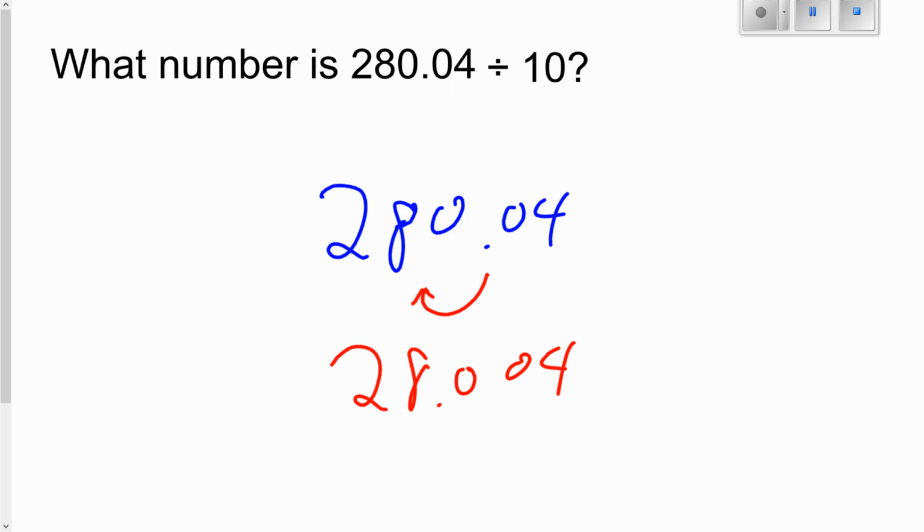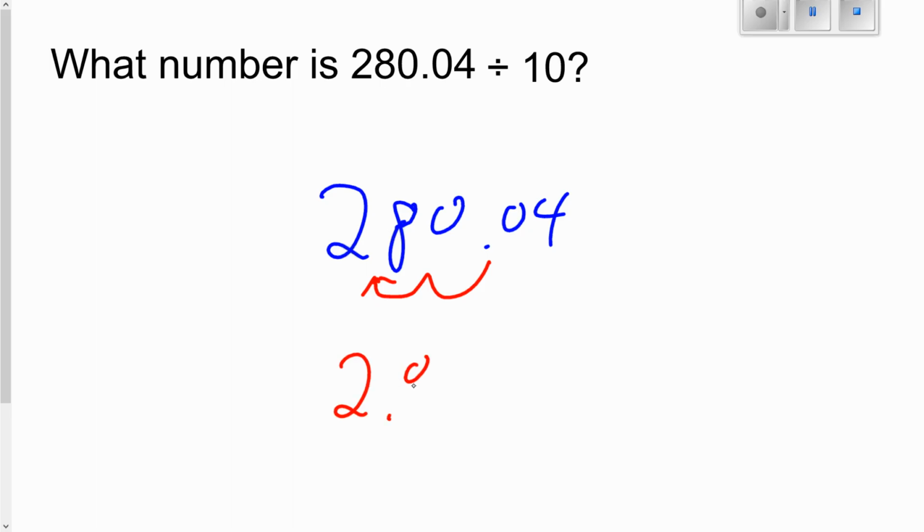Okay? If I'm doing it times 100, same thing. I can move all the digits 2 places to the right, or I could just say, well, the same as moving the decimal 2 places to the left. Either way, the important thing here is that I'm writing the numbers over and I'm showing the movement.